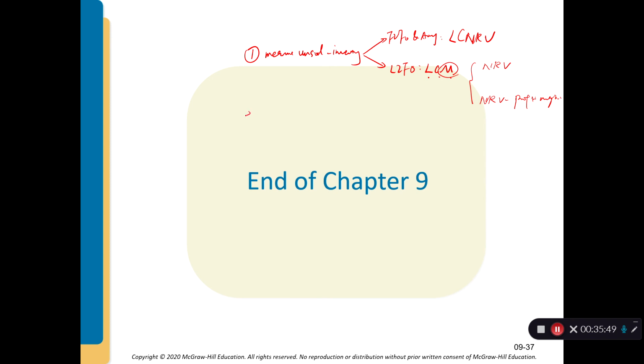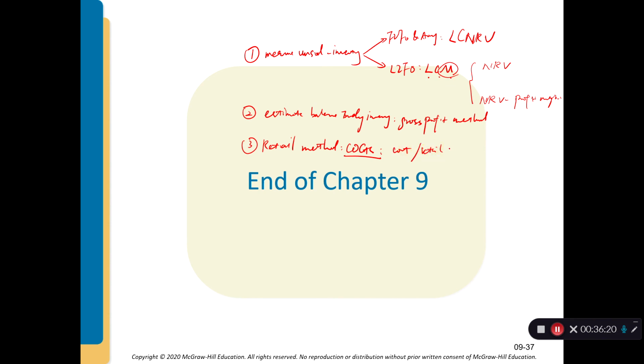Okay. The second topic we introduced is how to estimate the balances of ending inventory. And we talked about the gross profit method, right? And then we talked about the retail method to estimate the cost of goods sold and ending inventory. We talked about the cost to retail ratio, right?